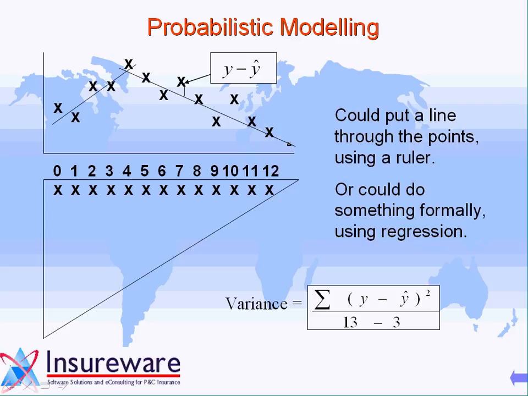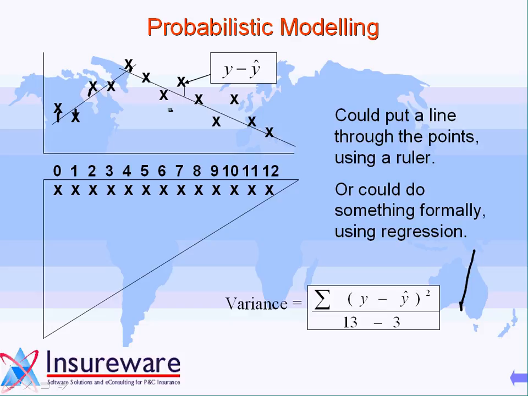So the first thing that Excel has done for us is actually estimate the two trend lines that intersect at development year 4. Another calculation that Excel will do automatically, if you're doing a regression, is calculate the observed minus the fitted, each one of these deviations, square them, add them all up, and divide by the number of observations minus the number of parameters, which are 3 in this case.